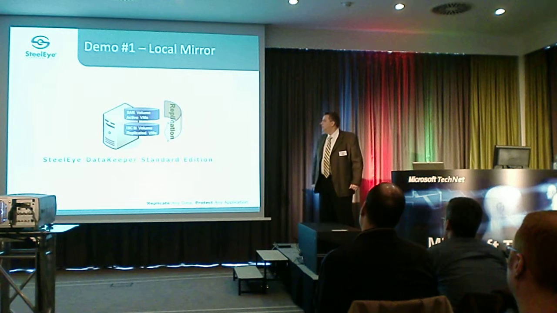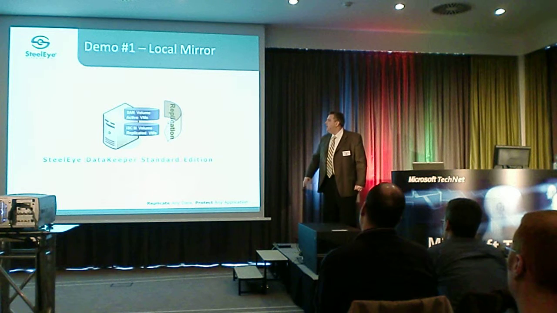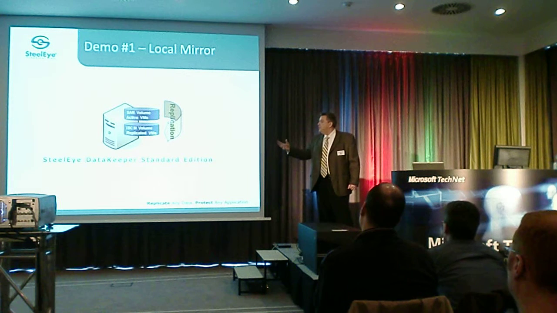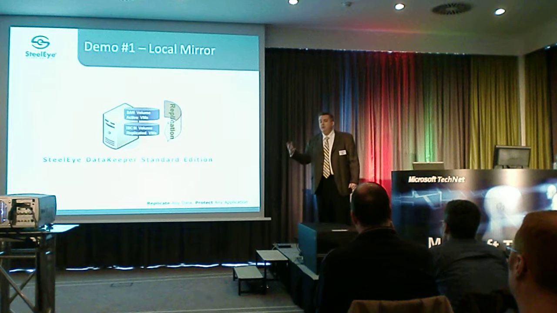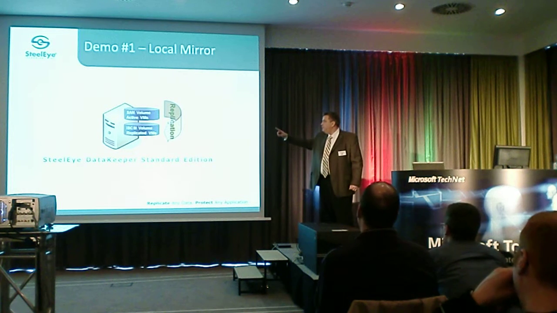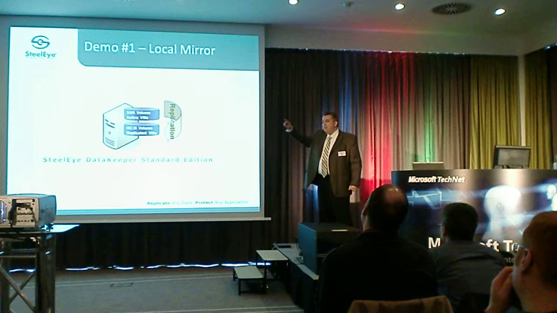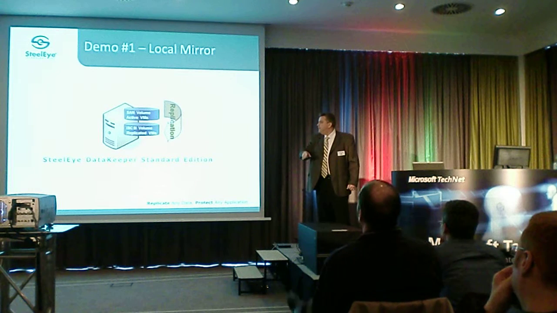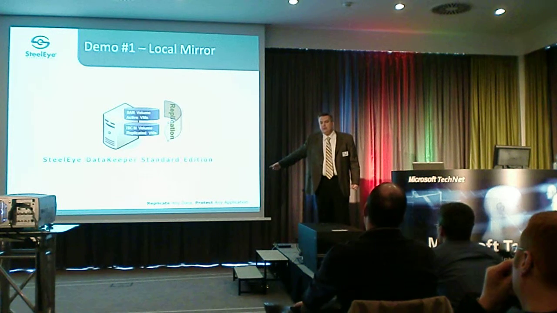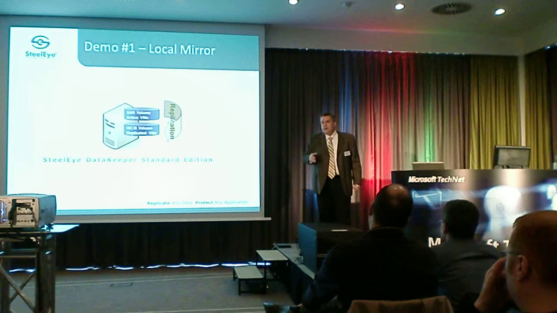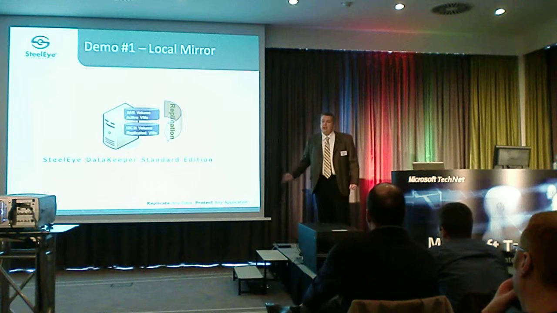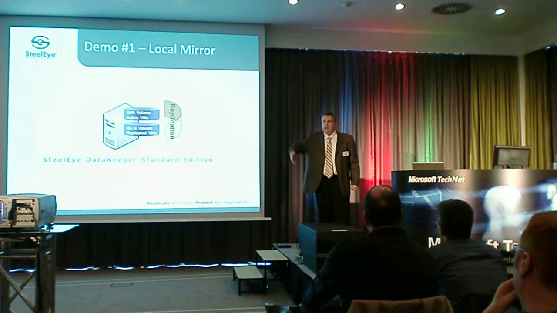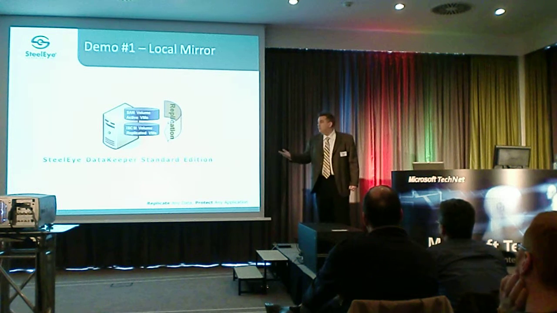That's a very high-speed SAN, costs you a lot of money, but you want to ensure that if that SAN fails or you need to do maintenance on that SAN and you still need availability, we can at the same time replicate from E to F, and the F drive might be attached to an iSCSI array, or it might even just be a local disk. And so if you do have an unexpected failure, you can simply rename F to E and start your virtual machines until you fix your server.